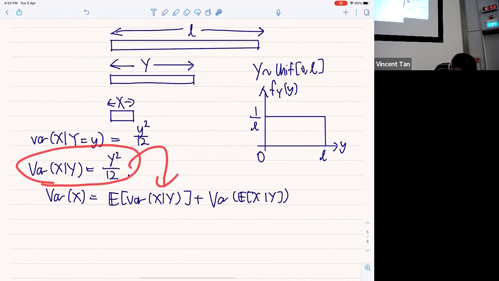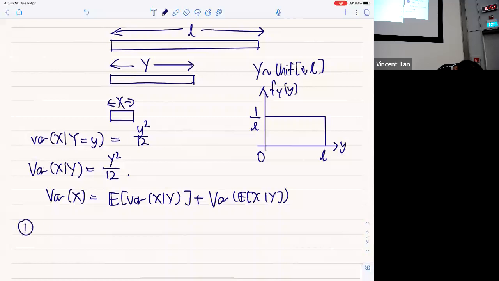Now we have done the work of this one, and we're going to put it inside here. So this is number one, the expectation value of the variance of X given Y. We just plug in y squared over 12.